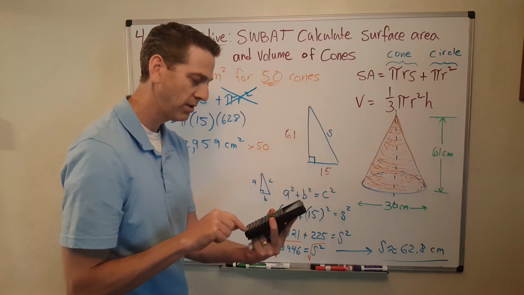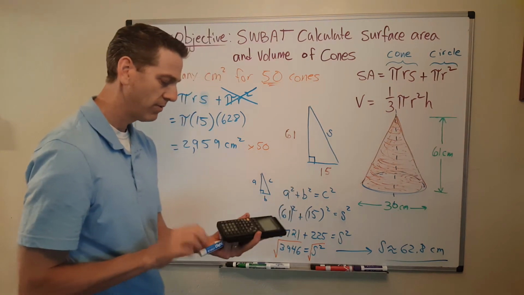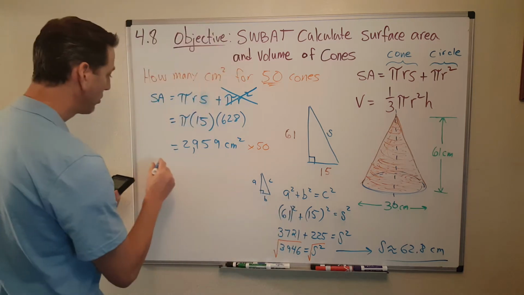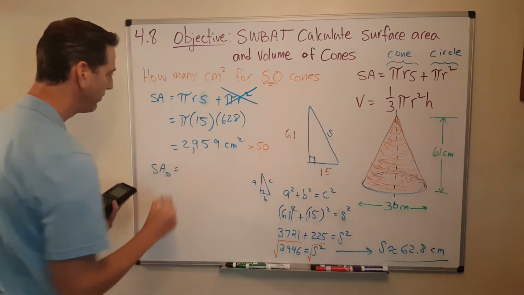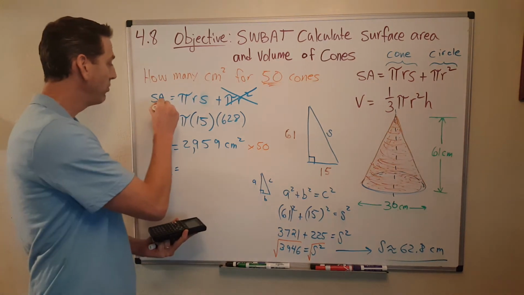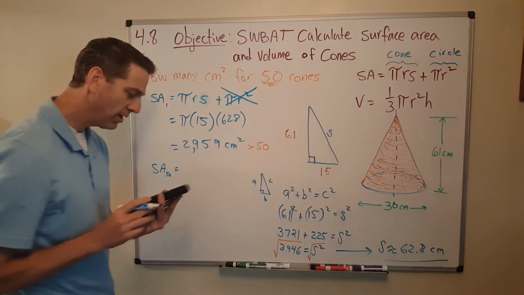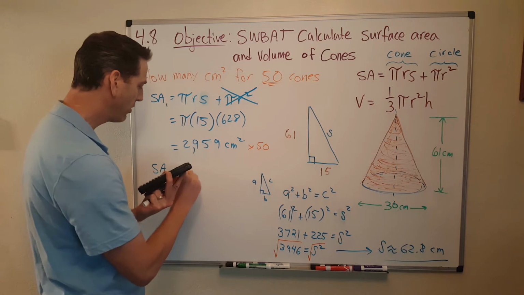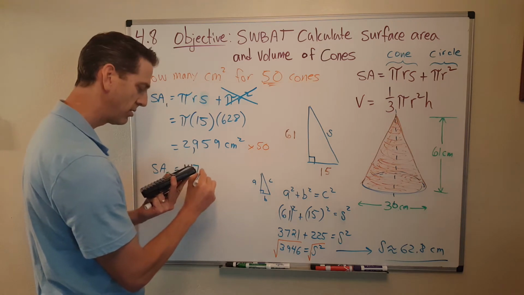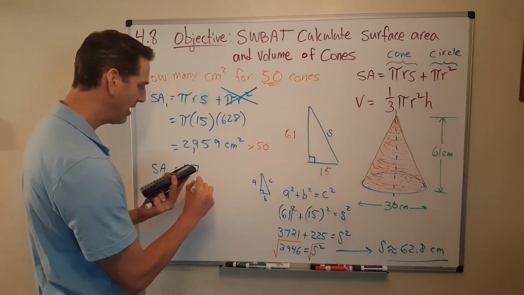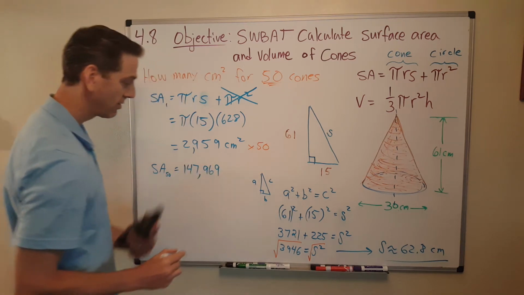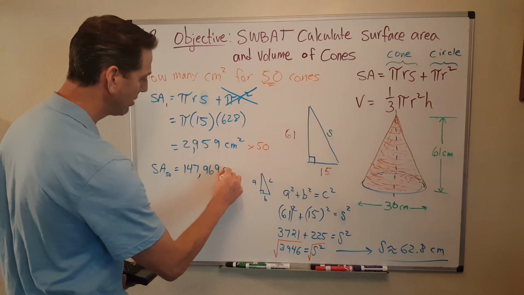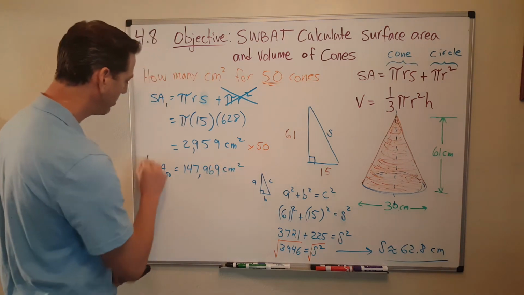Times 50, wow. So the total surface area for 50 cones is 147,969, give or take, and that's in square centimeters.